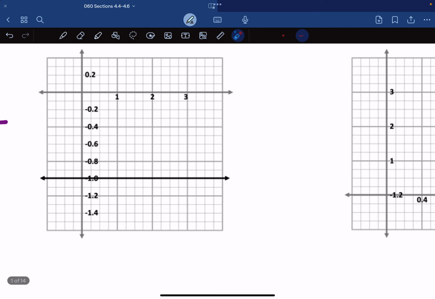Our next line here, once again, we're going to pick any 2 points on our line and identify what our rate of change is. So change in y is how much it's going up on the y-axis, but here it's not changing on the y.